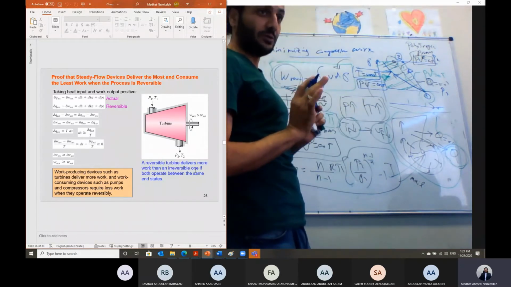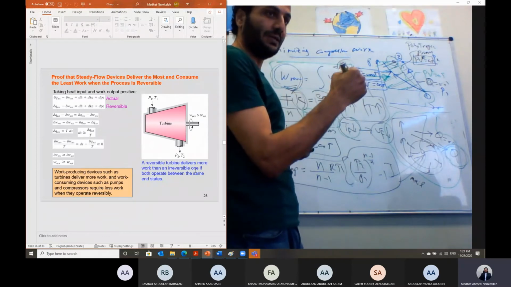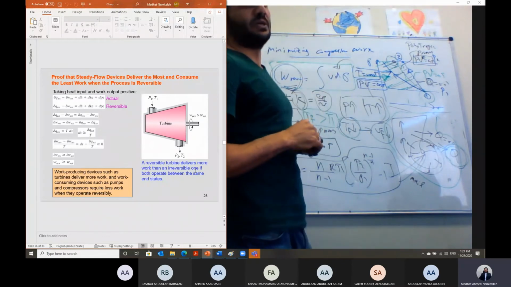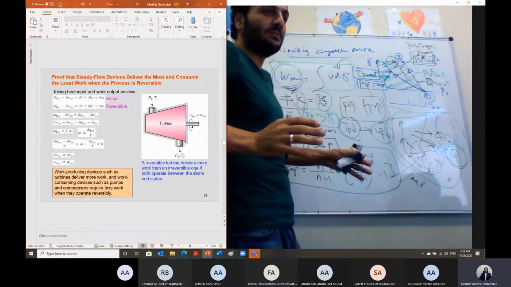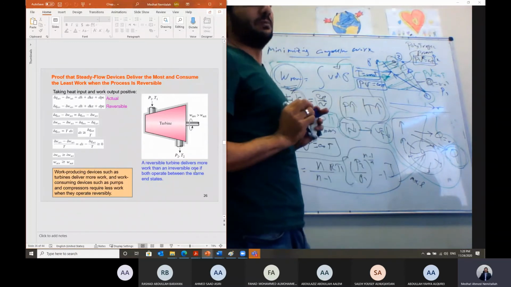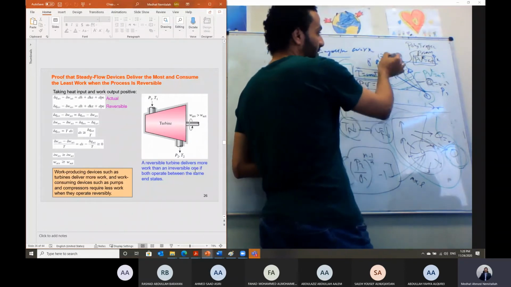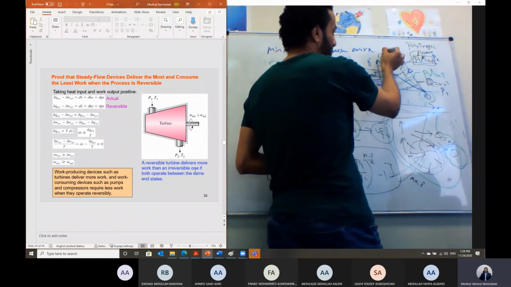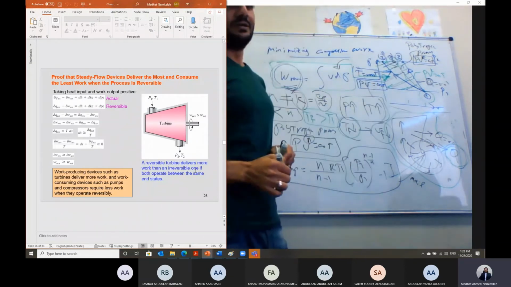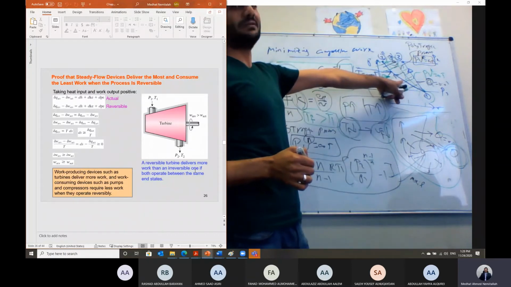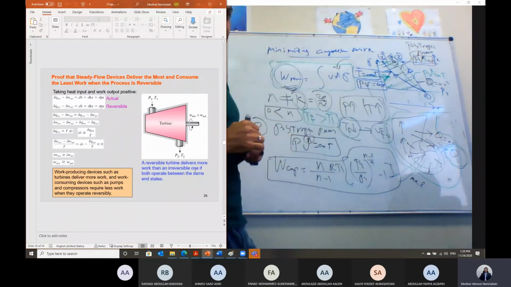If the temperature is constant, we don't have temperature rise, so the final temperature is minimum. That means the volume of the gas will be the minimum, and the gas can be compressed to the final state. Let's say this is 2 prime. And this process, guys, is the isothermal process.